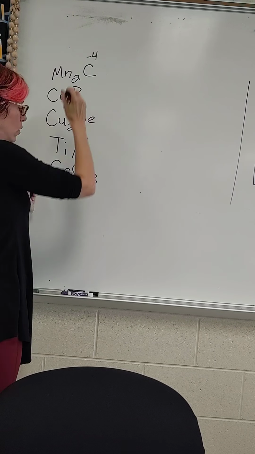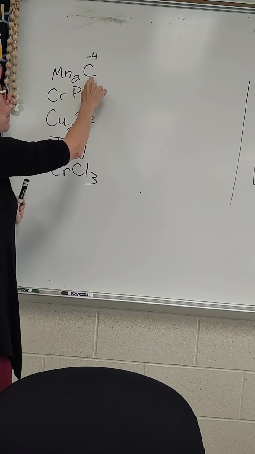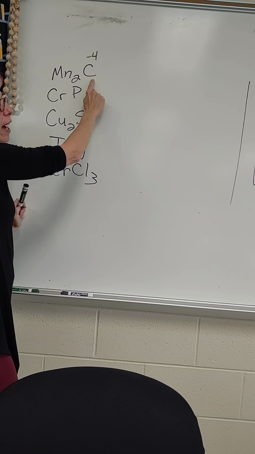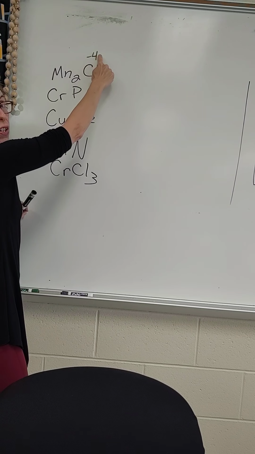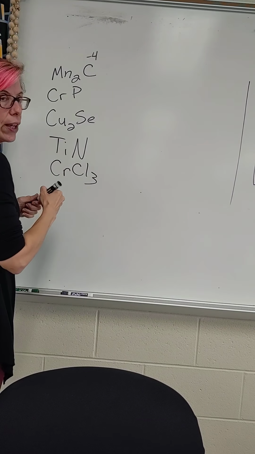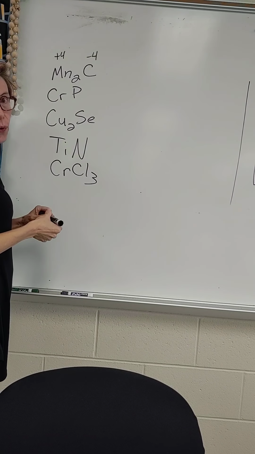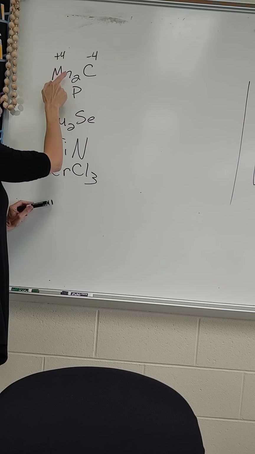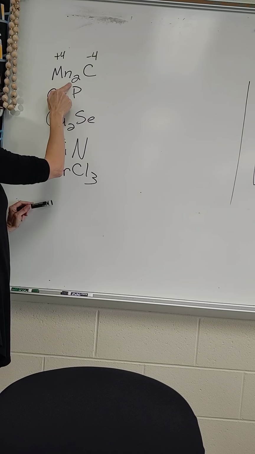What is the charge of your negative ion? Well, if carbon is being negative, then it's a -4. How many of those negative ions do I have? Just one. There's just one carbon. So my total negative charge is -4. My total positive charge has to equal that. My total positive charge must be +4. That +4 is spread out over 2 manganese ions.